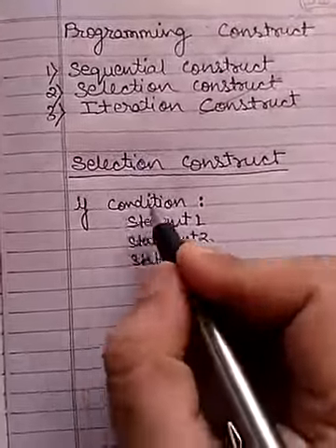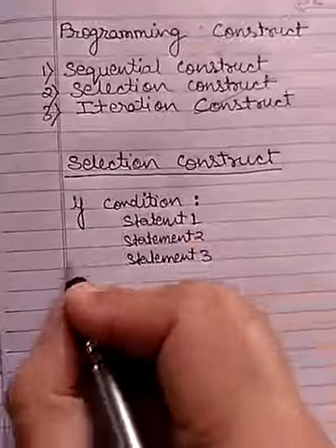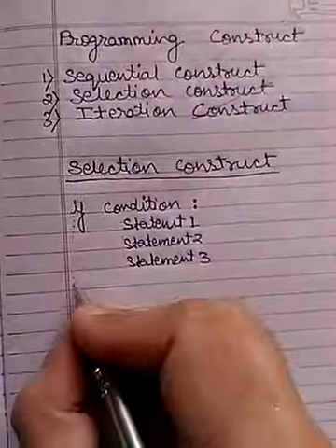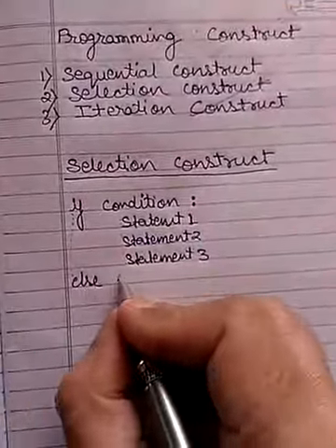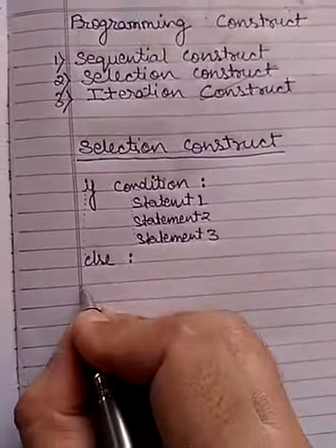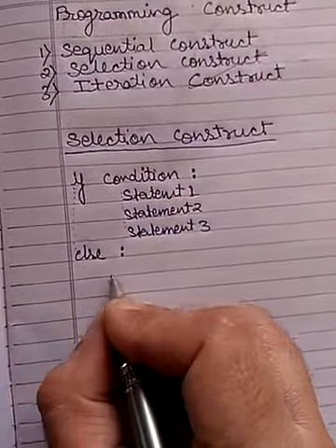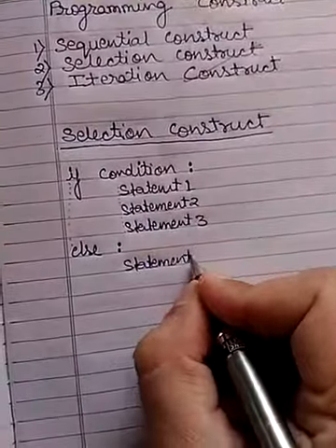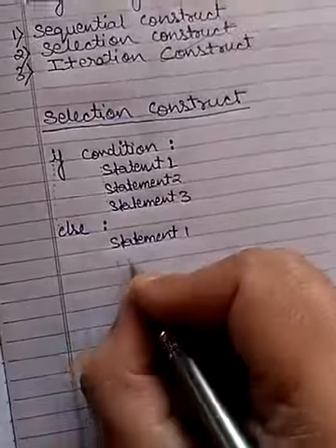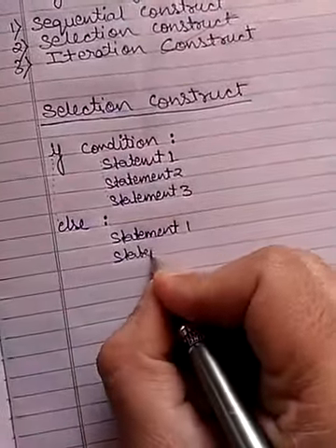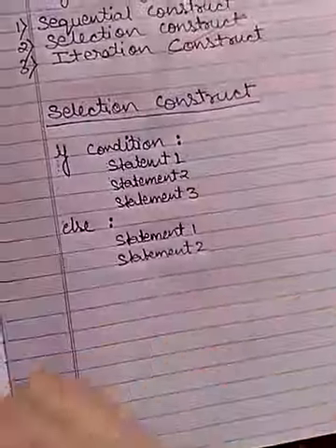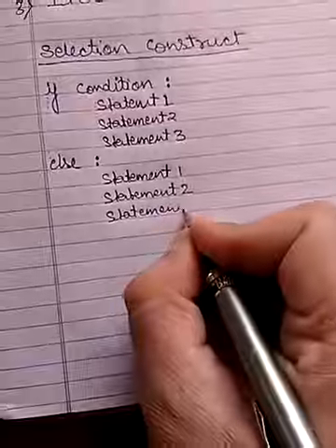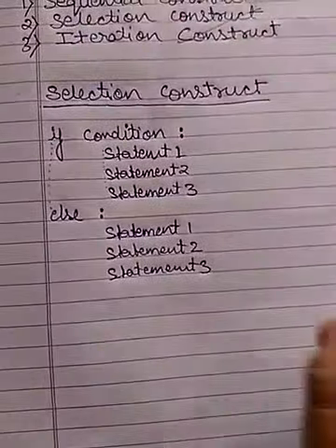If we want to come out from this if condition, then change your indent to this particular if. Here you write the else part, again colon, again the space of 4 indent. Here statement 1, statement 2, statement 3.